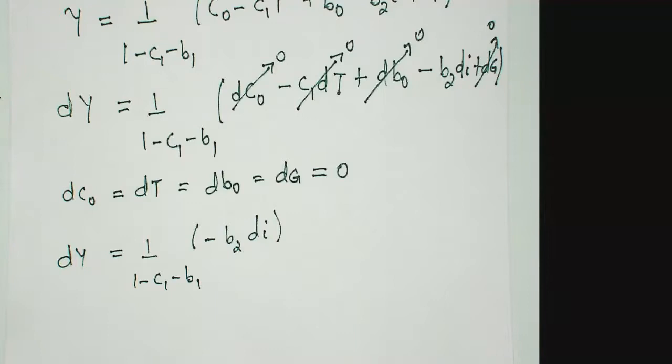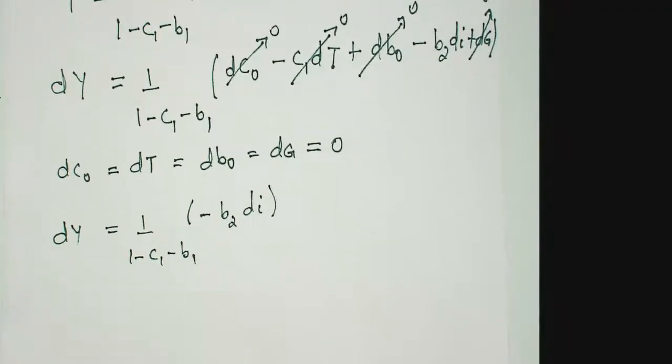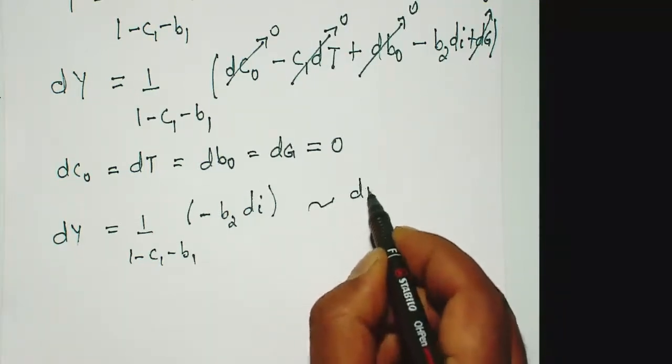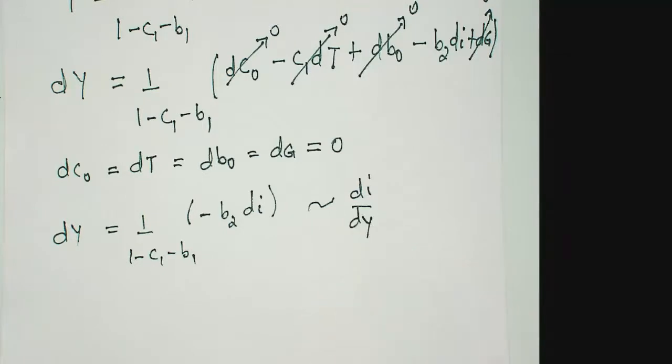As I have said, our intention now is to calculate the slope of the IS curve, and the slope of the IS curve is normally written as di over dy. So we would like to find out what di over dy is, depending on the formula that we have just derived.